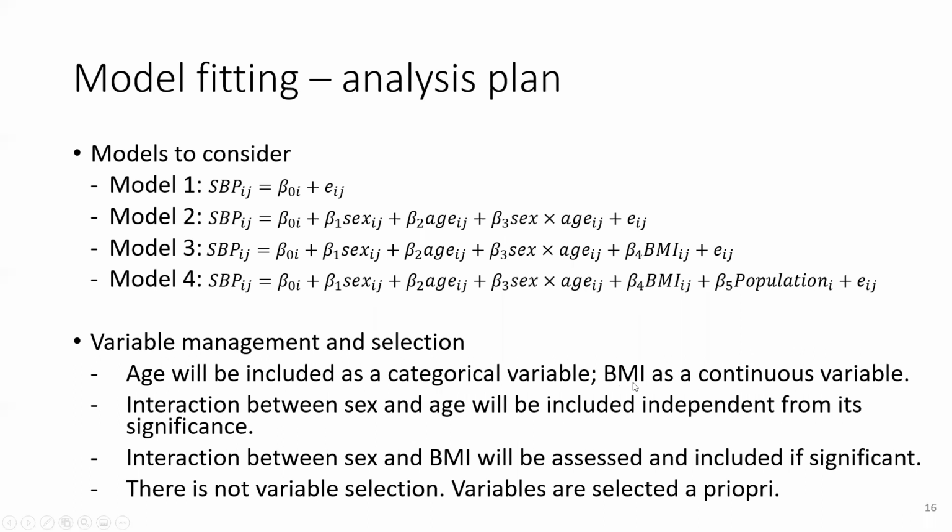And BMI as a continuous variable after I assessed the linear association between SBP and BMI. The interaction between sex and age will be included independent of its significance, as I mentioned. And the interaction between sex and BMI will be assessed and then included if it's significant.